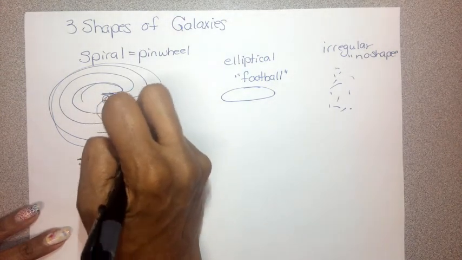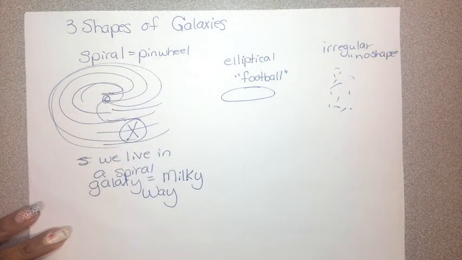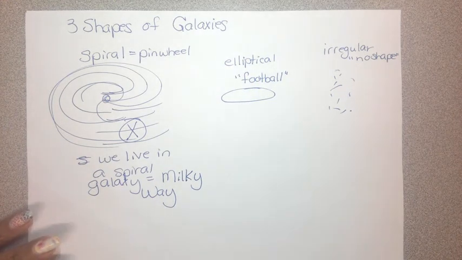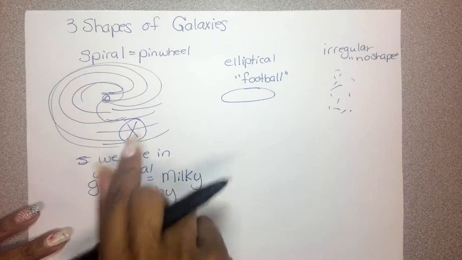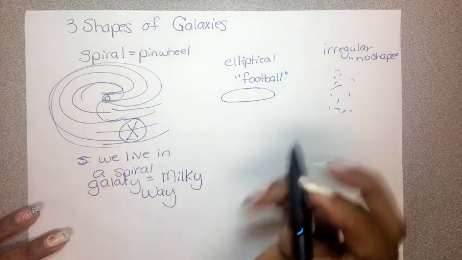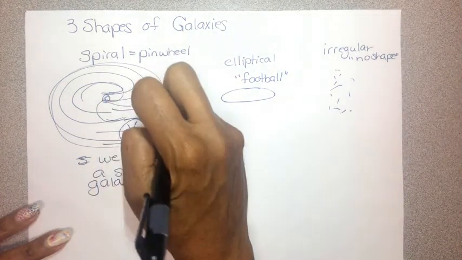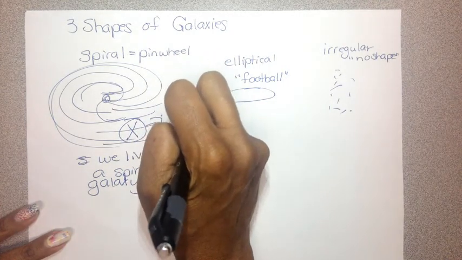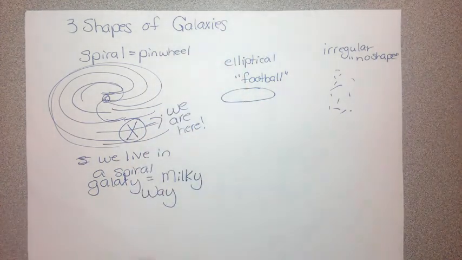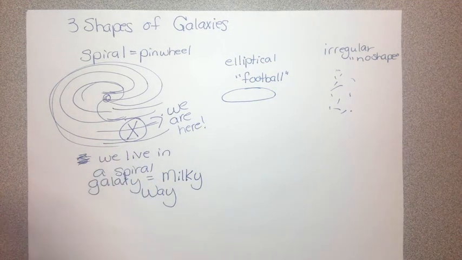You will be asked this on your test. Where is our solar system located? We are on the edge of an arm. We are not in the center, we are on an arm. So make sure that you know that because you will be tested on that.